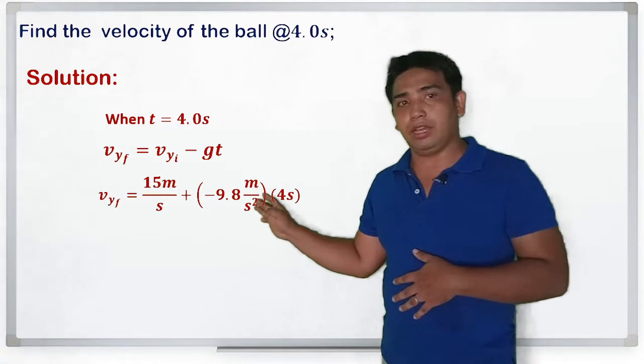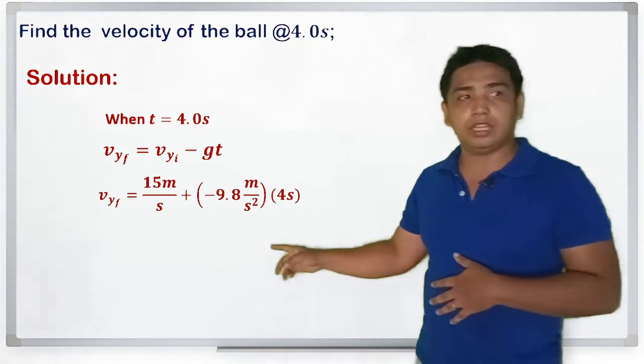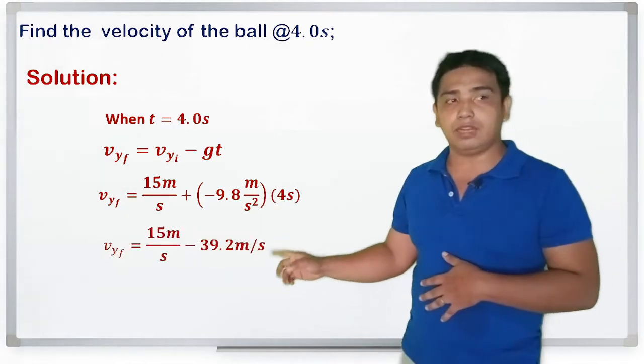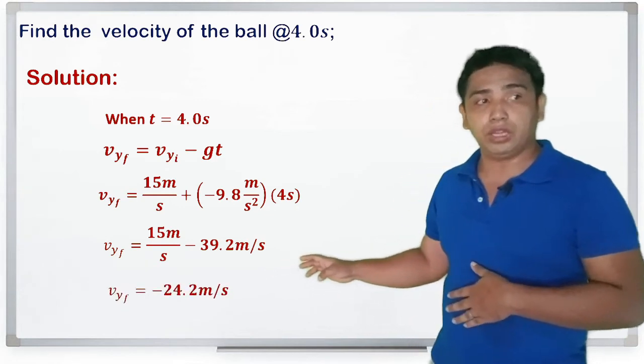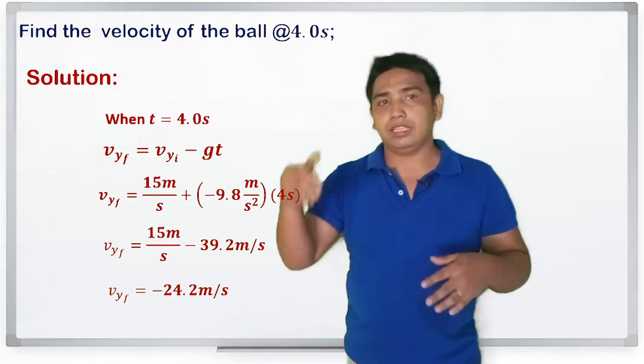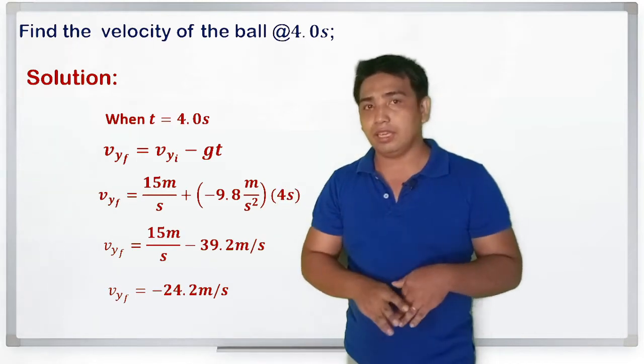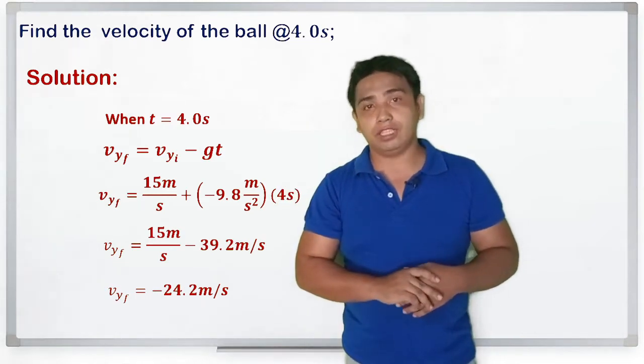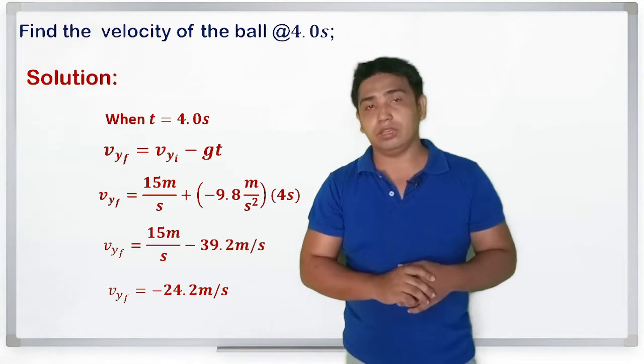That's going to be 15 minus 39.2 meters per second, and that's going to be negative 24.2 meters per second. So the negative sign there indicates that it is directed downward, and it's moving away from the reference point. Alright, so that's negative.